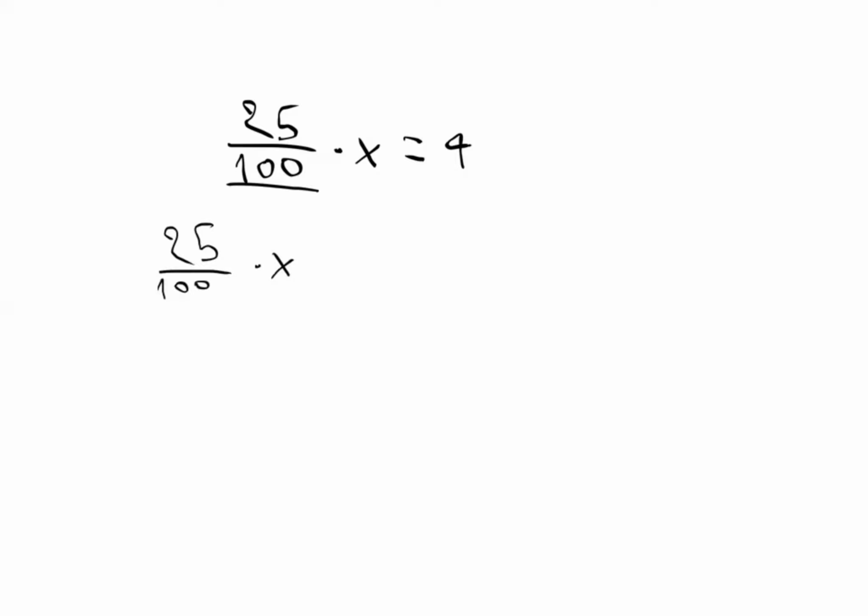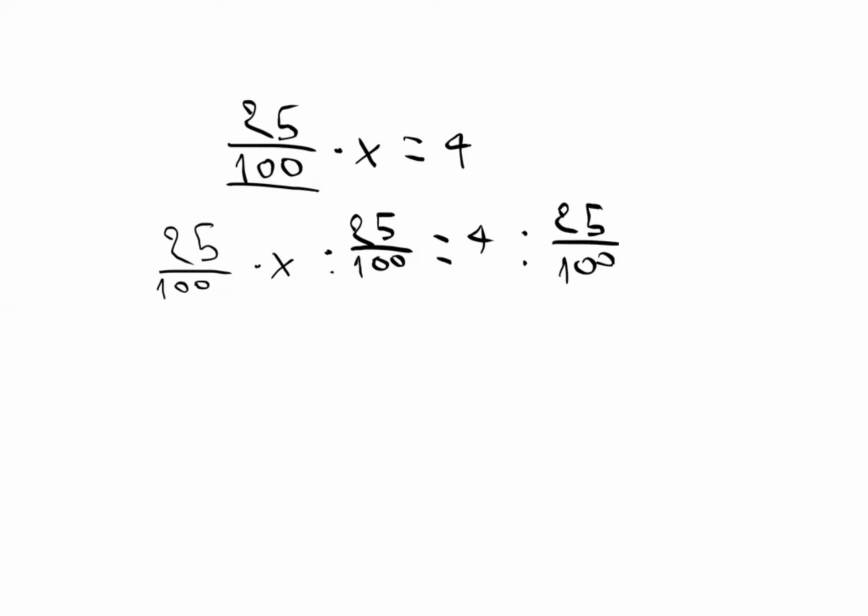In our case, the equation is 25/100 times x equals 4. Here, to leave x on its own, we have to divide it by its coefficient, which in this case is 25/100. So 25/100 times x divided by 25/100 is equal to 4 divided by 25/100, right?